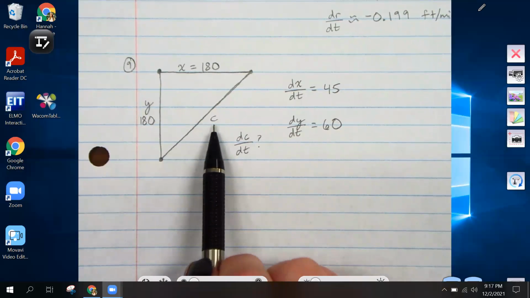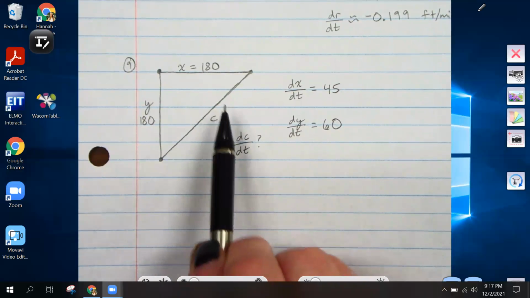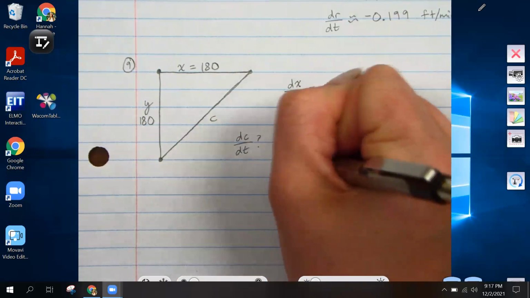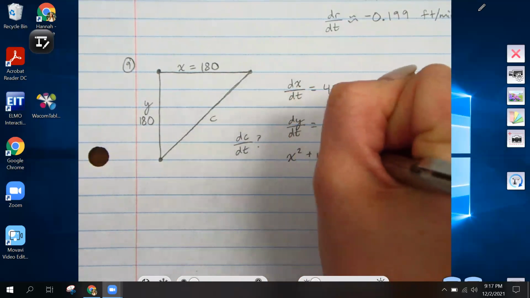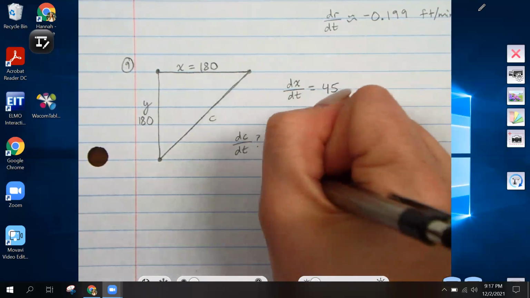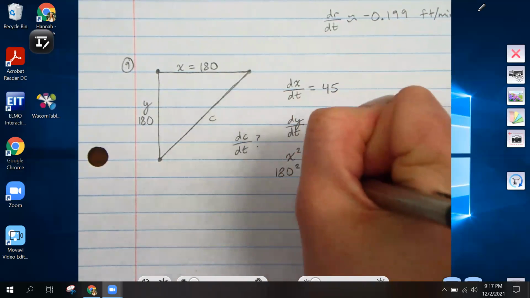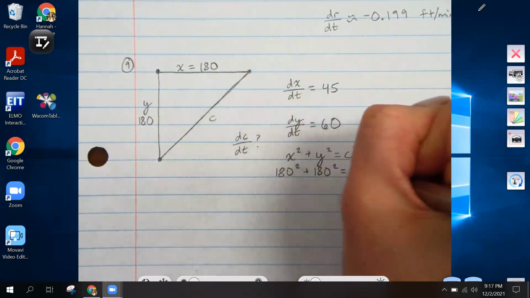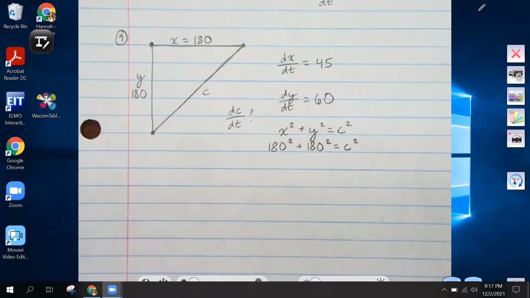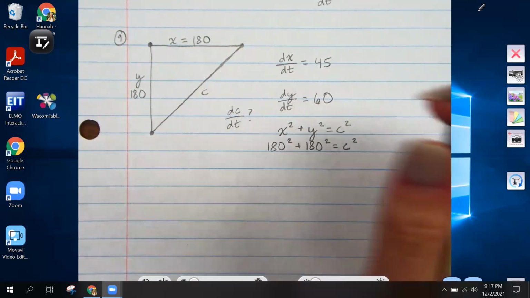We can also find the value of C. Because this is a right triangle, we can use the Pythagorean theorem. X squared plus y squared equals C squared. We know X and Y. So we can find C by solving this equation.